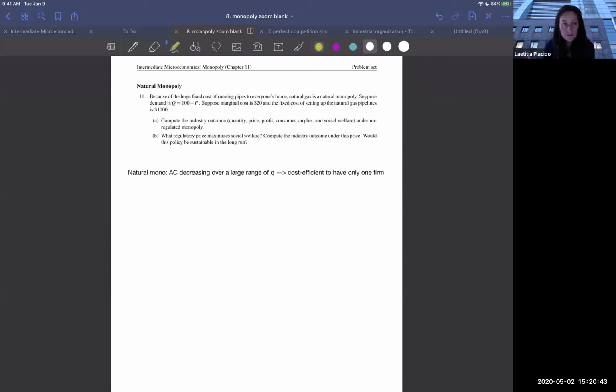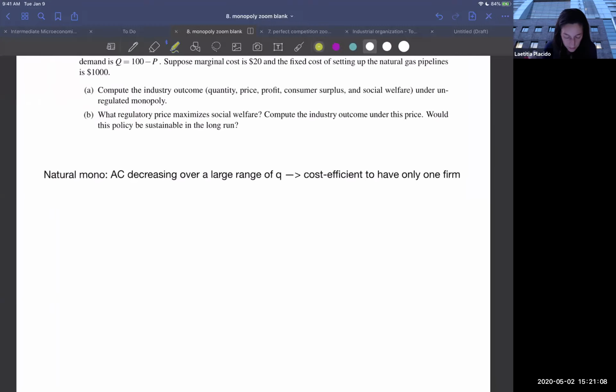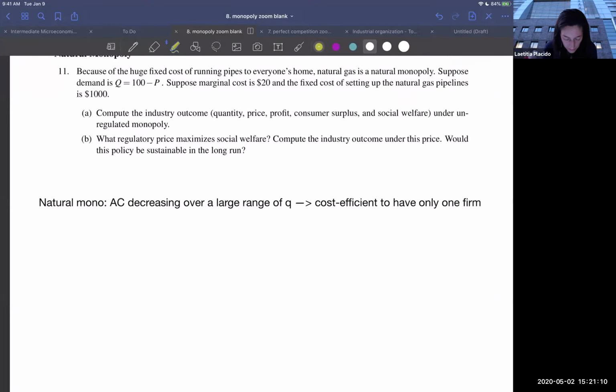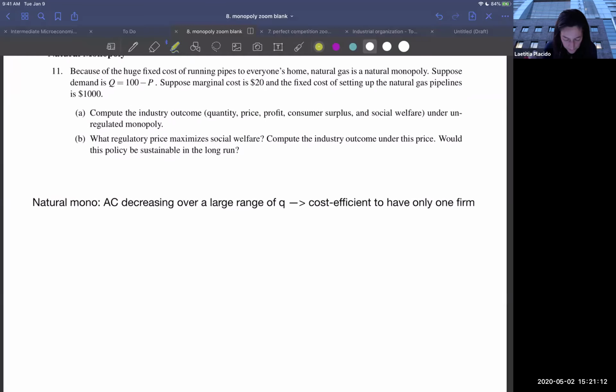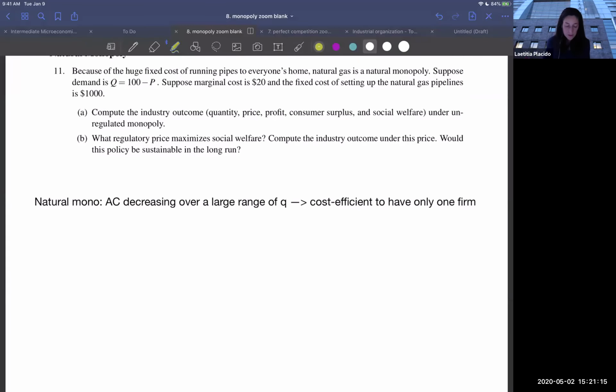The last concept I want to review today is natural monopolies. So what are natural monopolies?